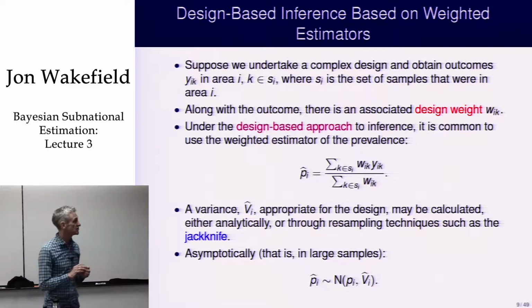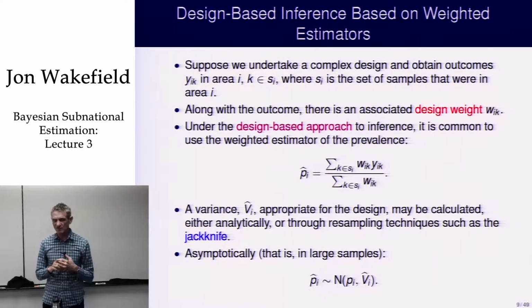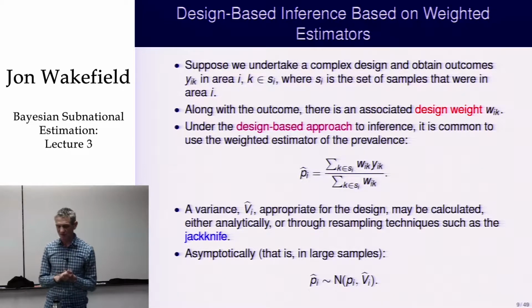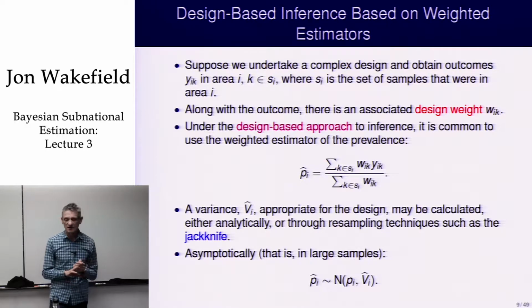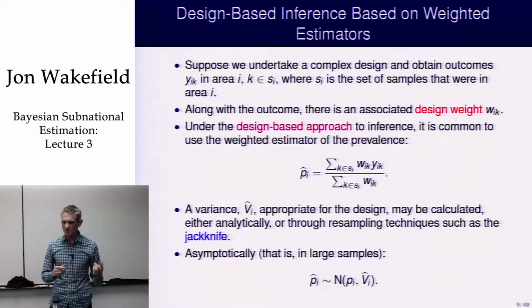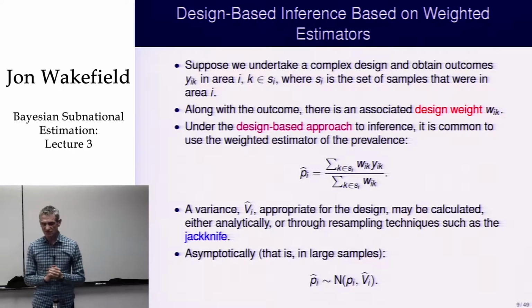So for a prevalence, we just simply take the weighted average of those observed responses. So we're summing over the people who were selected, and then we weight them via these design weights. And then given that estimator, we can estimate a variance which is appropriate for the design. So we can either do that analytically, so there are certain formulas, some of which I spoke about in that first lecture, or we can do it through resampling techniques such as the jackknife.